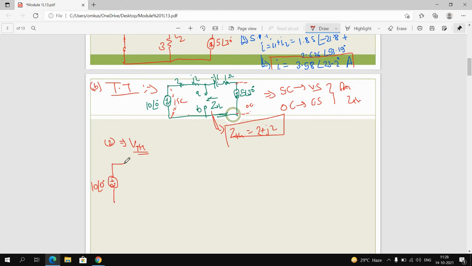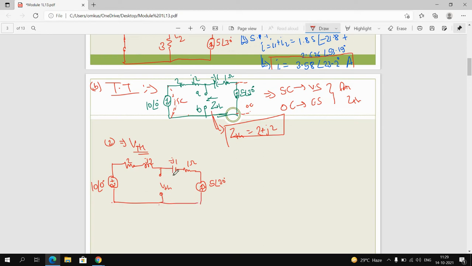Redraw that circuit and find the current flowing through that circuit, mark the polarity of all elements, and use KVL for finding this VTH. So you need to find VTH here. This is 5 at an angle of 30 degrees.